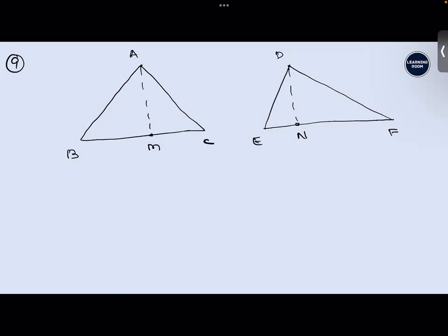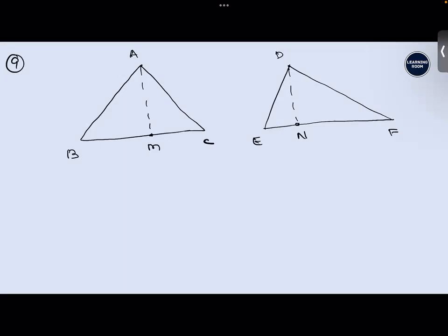Don't look at the solution. Use your logic. I already gave all the hints. See, basically, if you want to find the area, what are all the required data? Half into base into height. You do something with that.